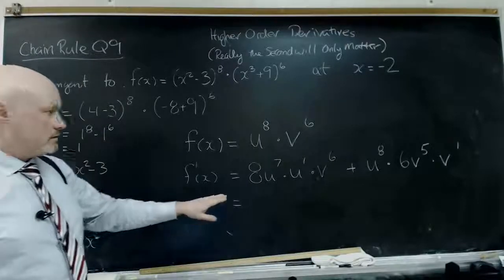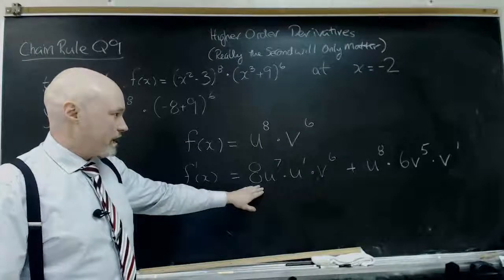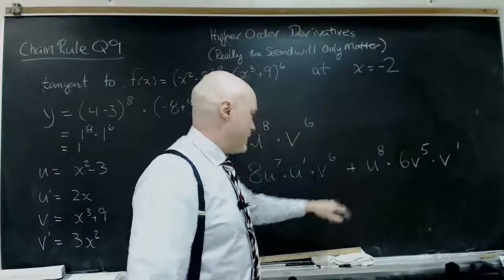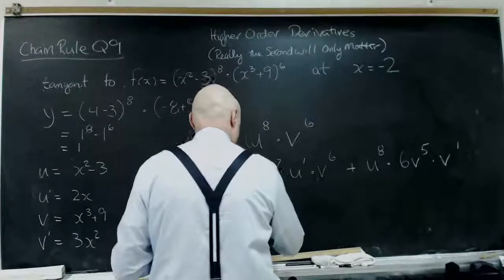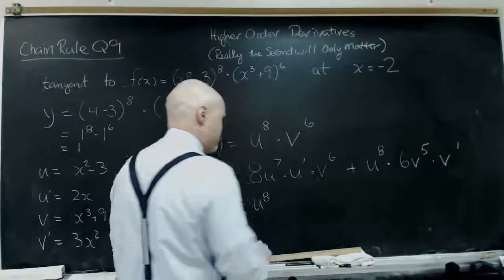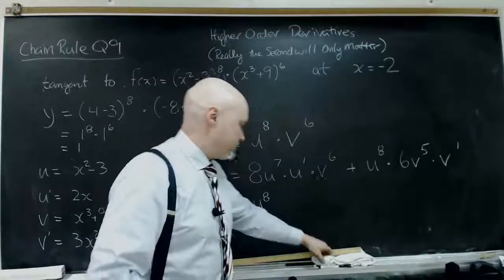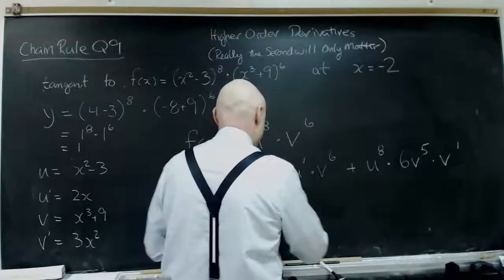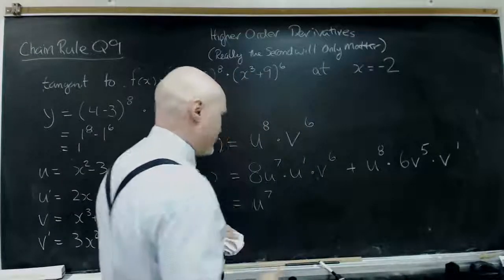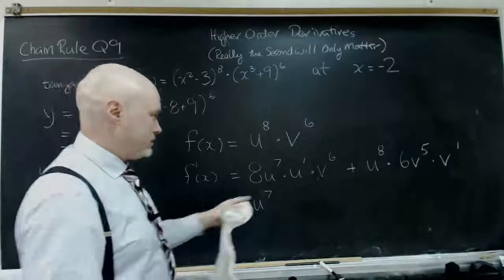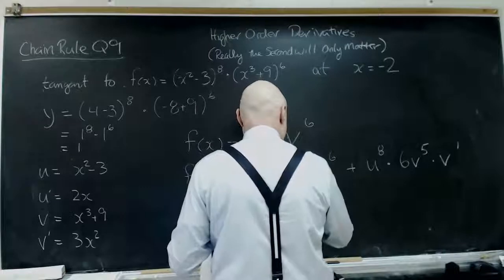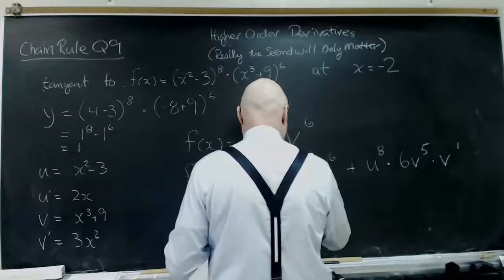Now, I can factor out u to the exponent 8 from both of these expressions. No, I can't. I can only factor out u to the exponent 7 from both of these expressions. And so I'm going to do that just to make it even easier to calculate. And I can factor out a v to the exponent 5 from both of these expressions.